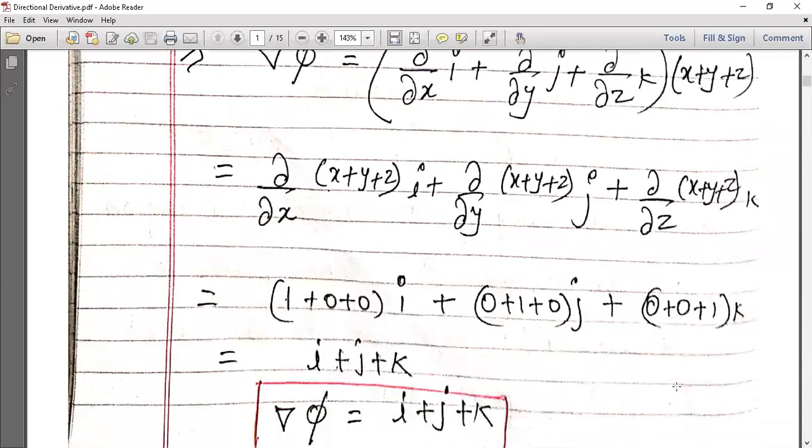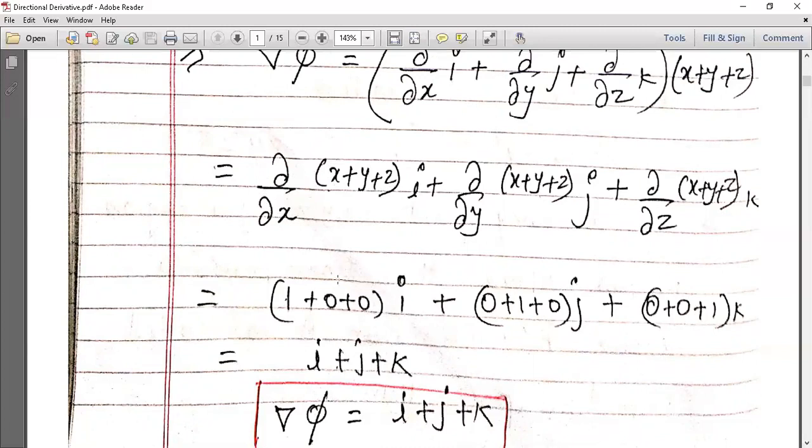What we need to do next is find the differentiation with respect to x, with respect to y and with respect to z. Since all three variables are independent, we can partially differentiate with respect to each.